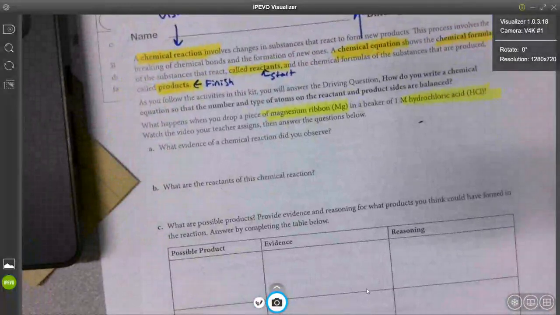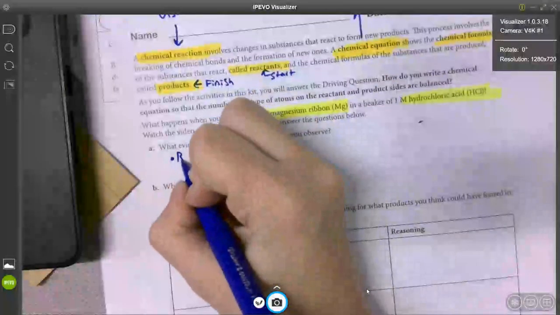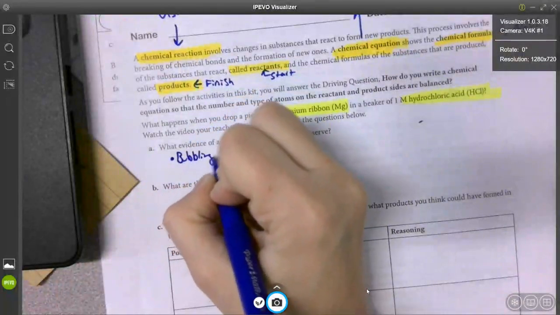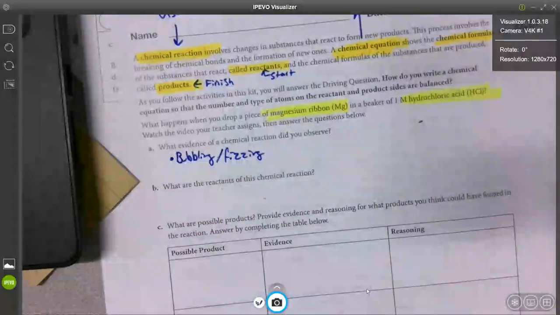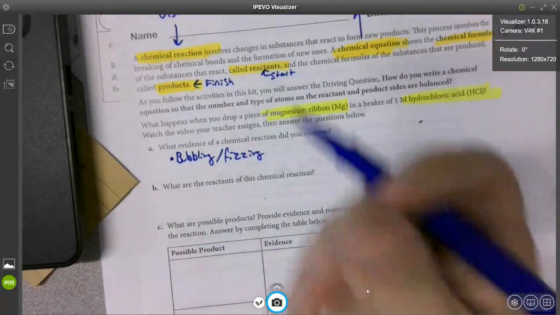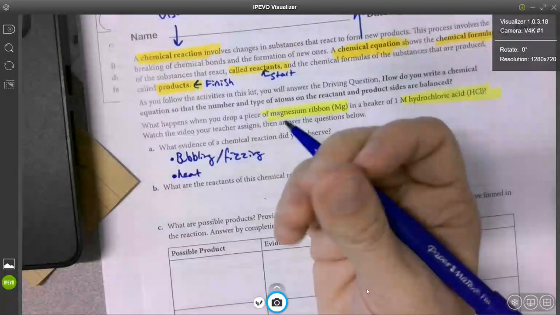So let's go ahead and look back at what's here on our paper. So what evidence did we see with our eyes? What evidence was there that a chemical reaction took place? We should have seen bubbling or fizzing. Is another acceptable response. If you were actually able to hold it in your hand, you would see heat or feel heat.